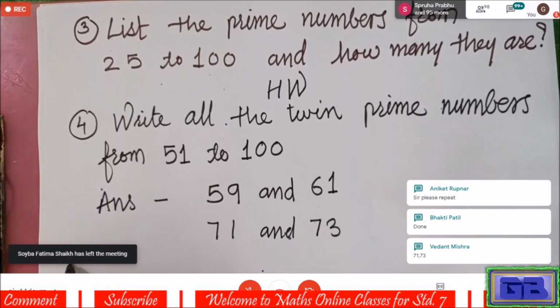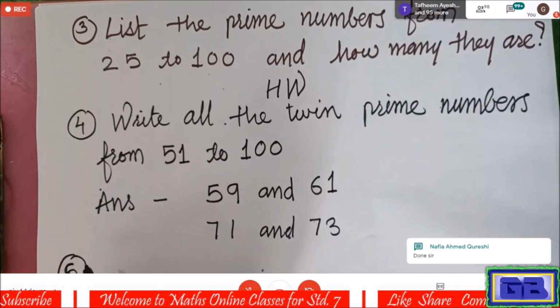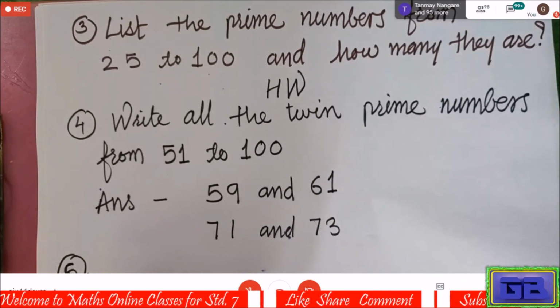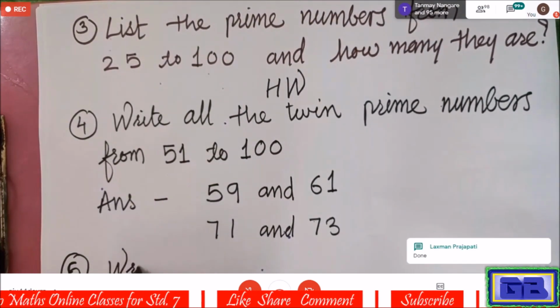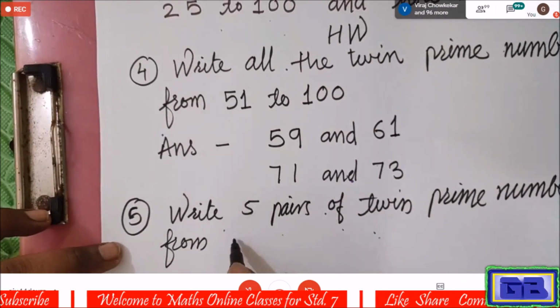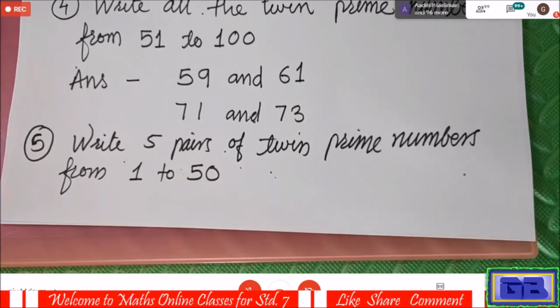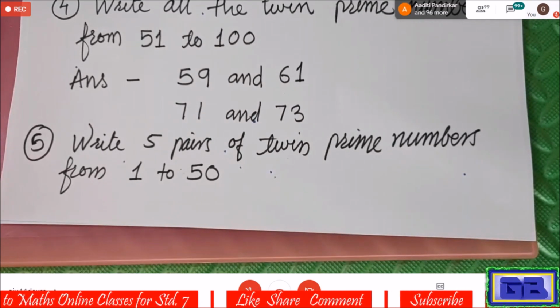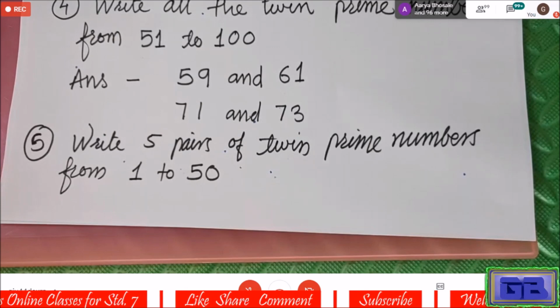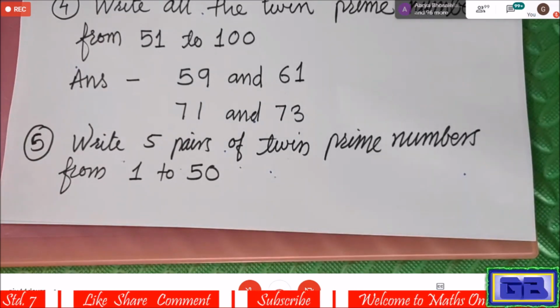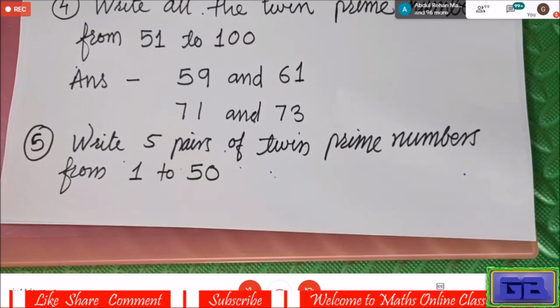Question number 5. Write 5 pairs of twin prime numbers from 1 to 50. Sir, 3 and 5. Correct.